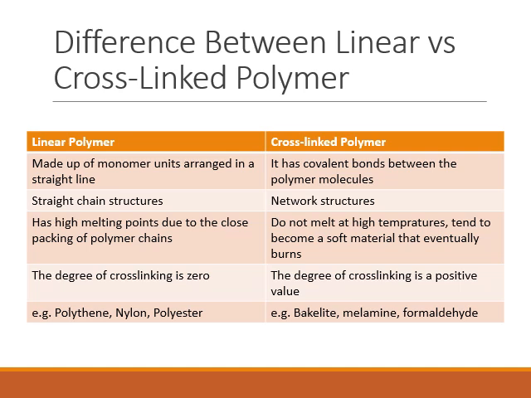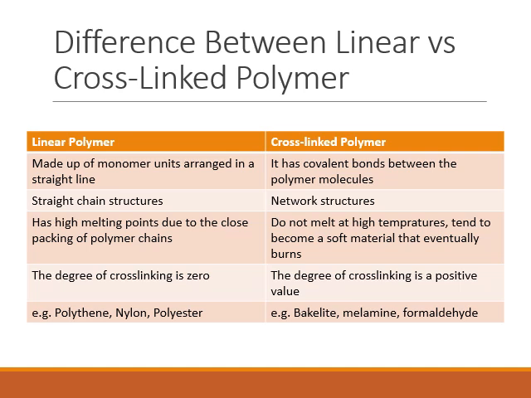Linear polymers are made up of monomer units which are arranged in a straight line, whereas cross-linked polymers have covalent bonds between the polymer molecules. The linear polymers form chain-like structure, whereas cross-linked polymers form network-like structure.